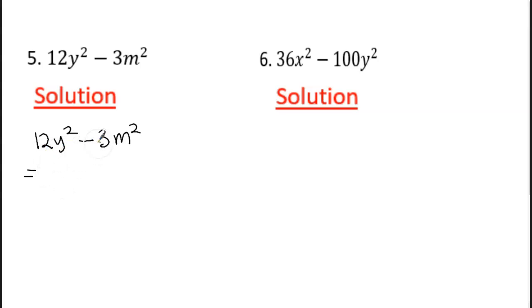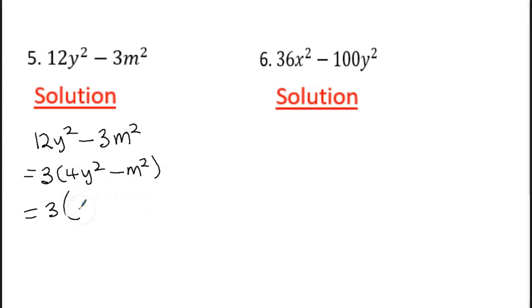So 12 and 3. 3 can go into 12. So you bring 3 out, and 3 into 12 we have 4y squared minus, you brought 3 out, so it will be left with 1 times m squared, perfect square. So you can now use the difference of 2 squares to factorize.